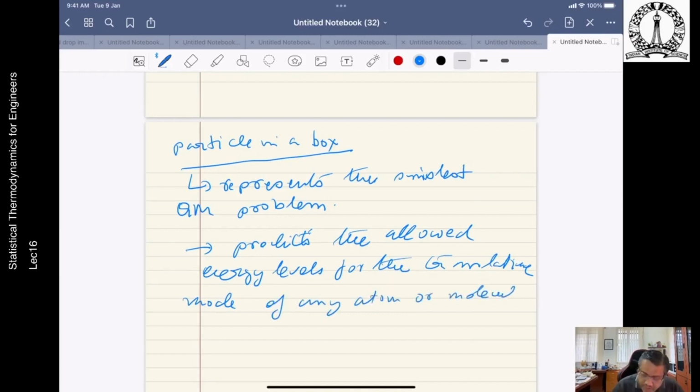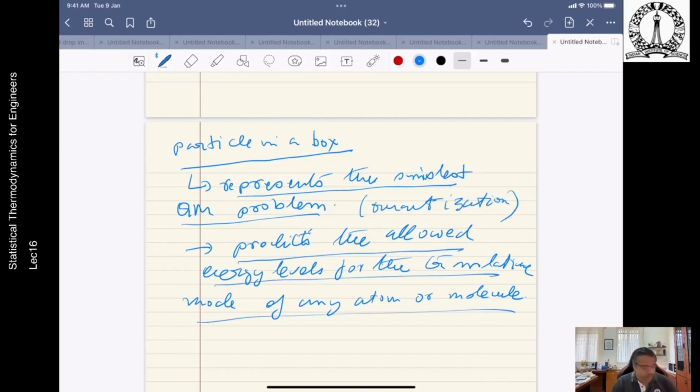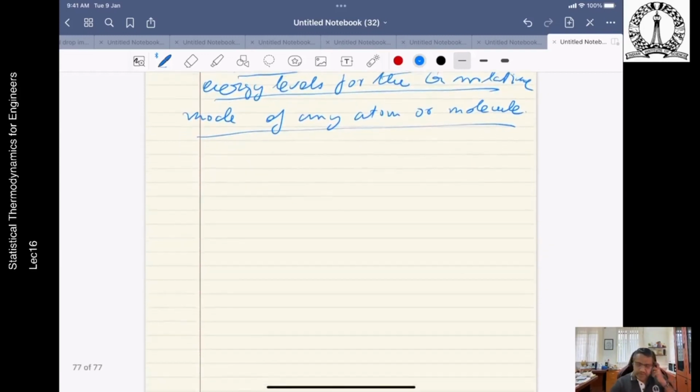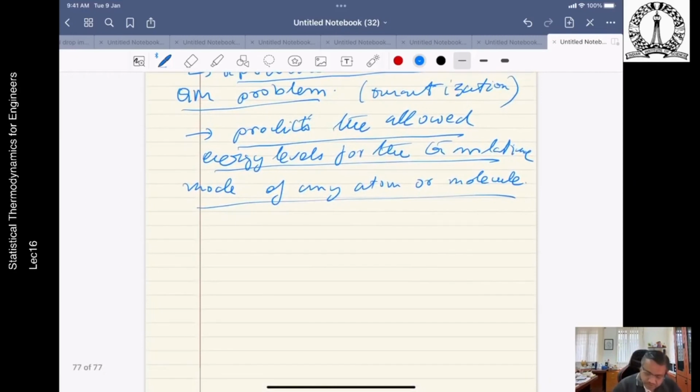This is important because it represents a very simple problem, but it also predicts how quantization happens. We will see that shortly. It also predicts the allowed energy levels, and the concept of microstates and macrostates comes in here. So all these things will come in very handy when we actually do this particular problem.